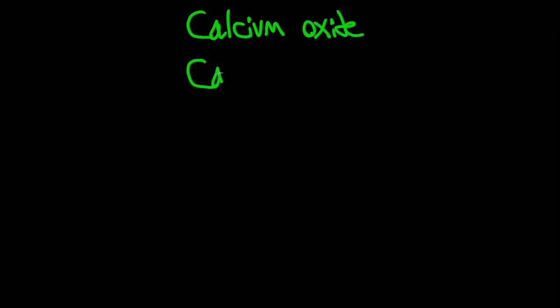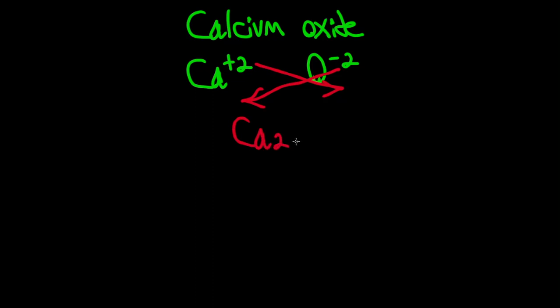My next one is going to be calcium oxide. So I'm going to have Ca with a +2 charge, O with a -2 charge, and I'm going to crisscross, and I'm going to get Ca2O2, and I am able to reduce that to CaO.